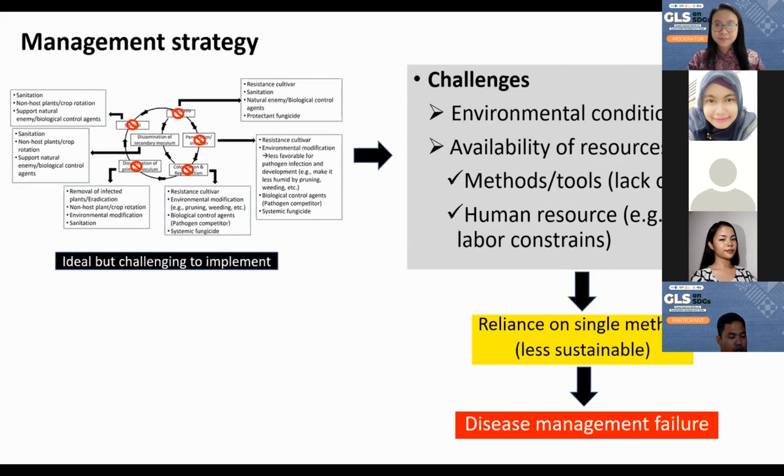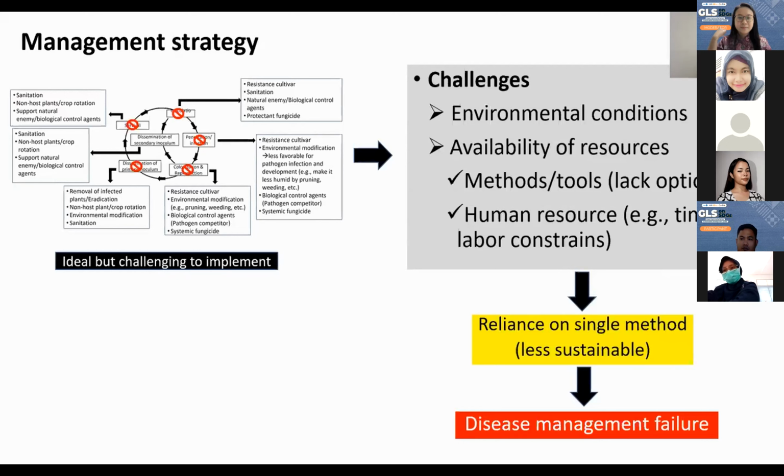Another challenge is human resources. Of course, like I mentioned previously, growers in the US usually have large acreage of field, okay? And growers' jobs are not only controlling disease, not only managing disease. They have to plant, they have to fertilize, they have to irrigate, and these field tasks can sometimes overlap, and especially if they don't have sufficient labor, this can be an obstacle to properly manage the disease, to properly incorporate all of the approaches that we have.